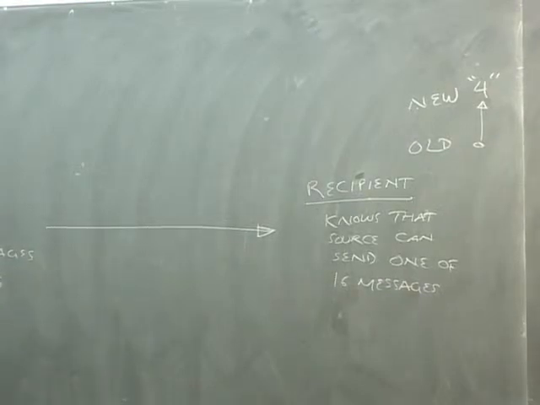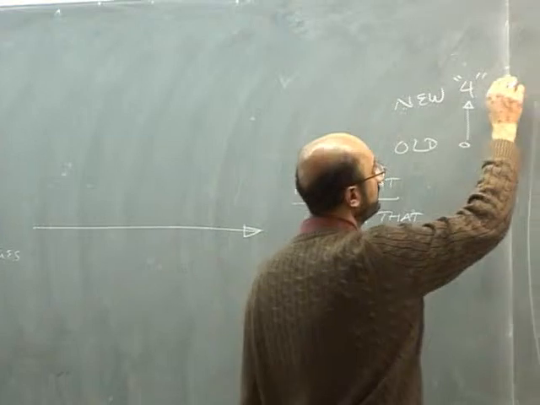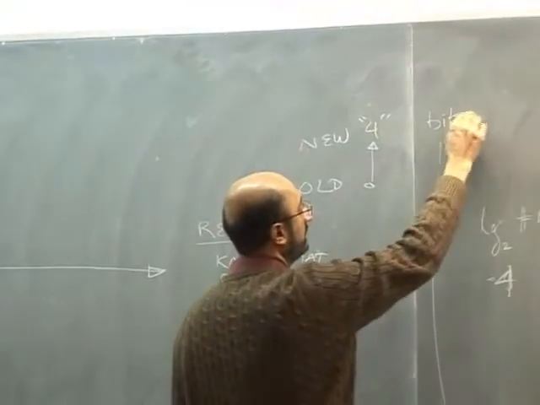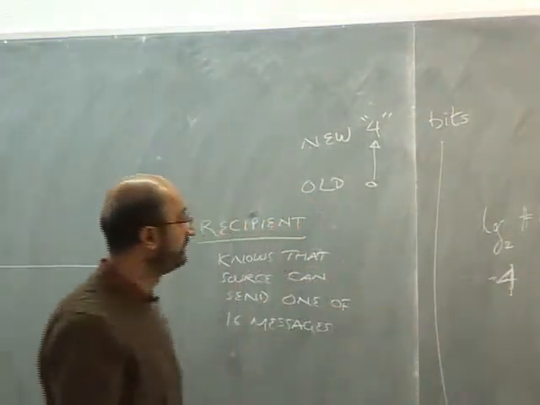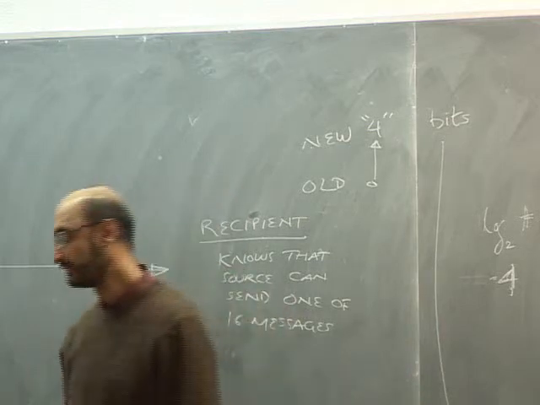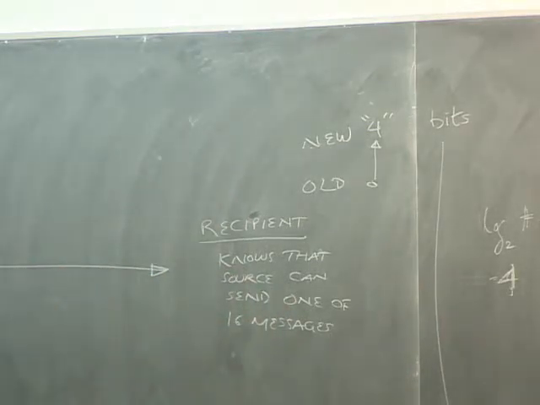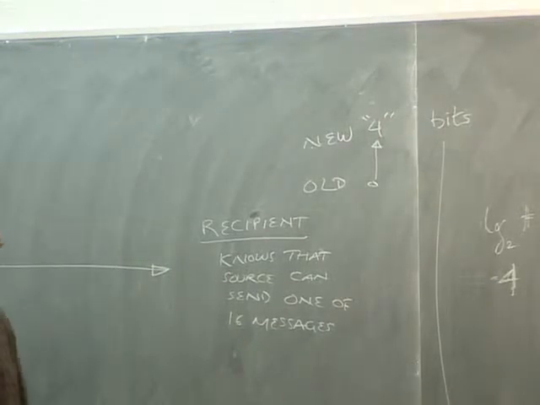The unit that we use is a bit, and this is called 4 bits. The bit is a contraction of the words binary digit, and in a minute you'll see why it's called a bit.